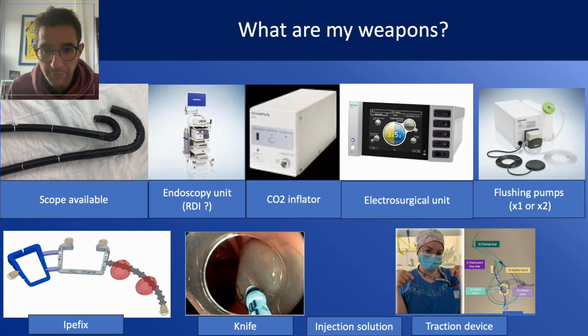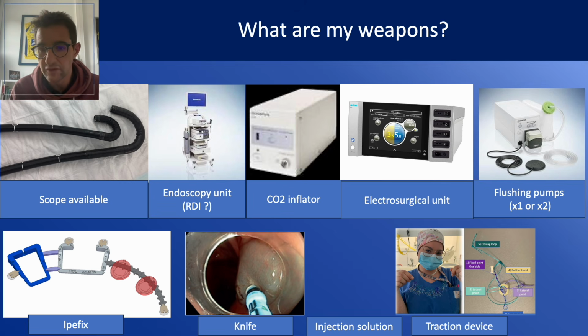The second key point is, what are your weapons available? Which kind of scope do you have? Do you have a therapeutic scope with very short bending? Do you need a more stiff device to go into the cecum, for example? What is the brand you are usually using? Will you have RDI, for example, for bleeding management?